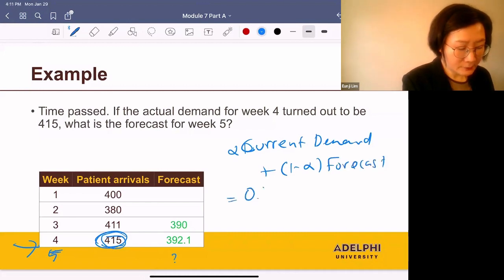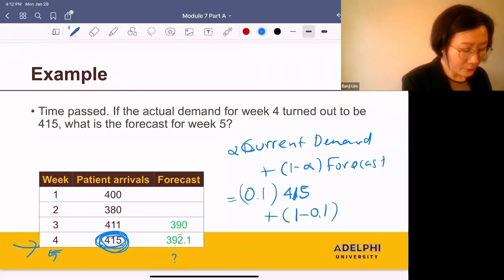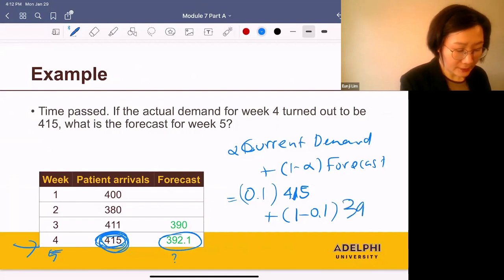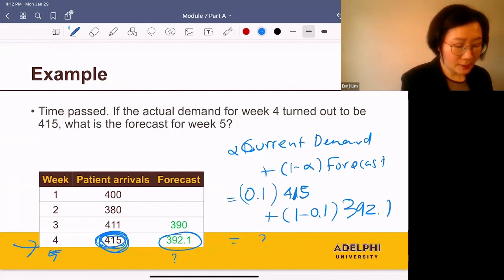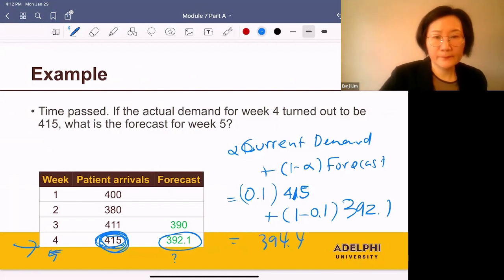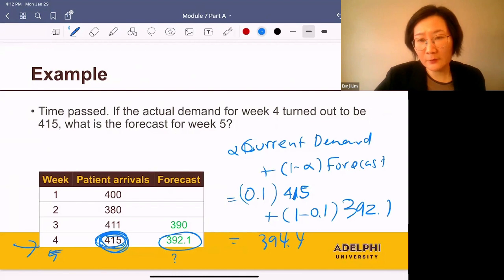So alpha was 0.1. The actual demand in the current period of time is 415 plus 1 minus alpha times the forecast for the current period, 392.1. So this equals 394.4. This is how to make a forecast using the exponential smoothing method.